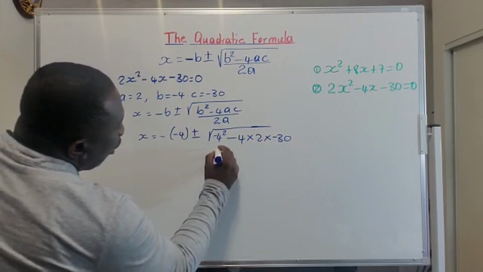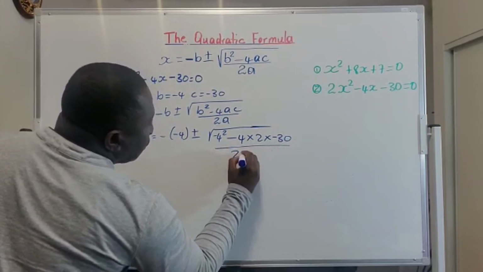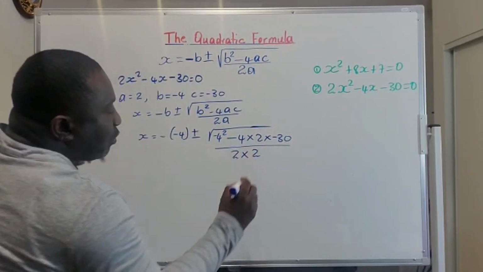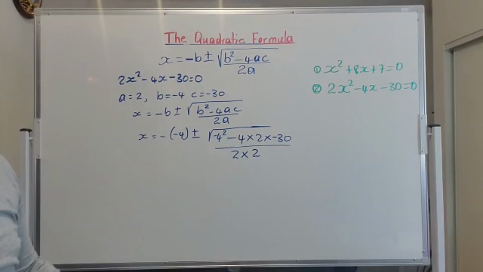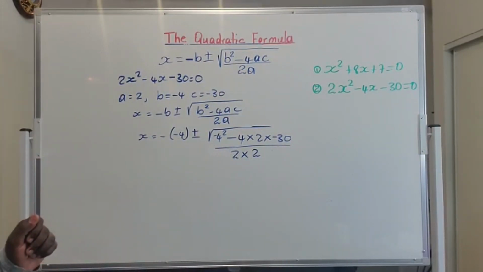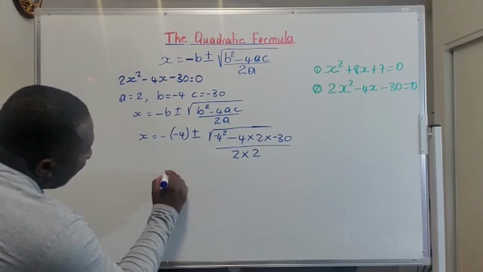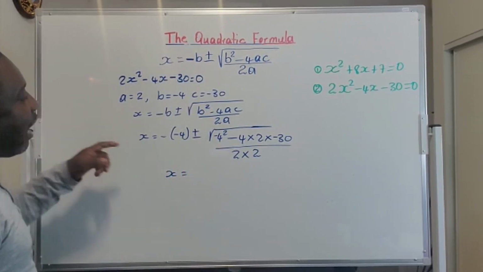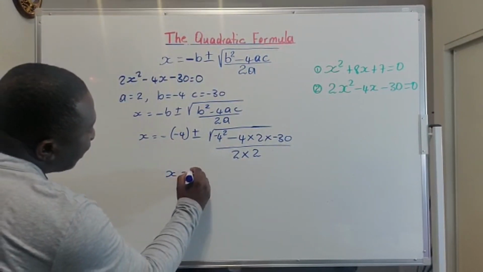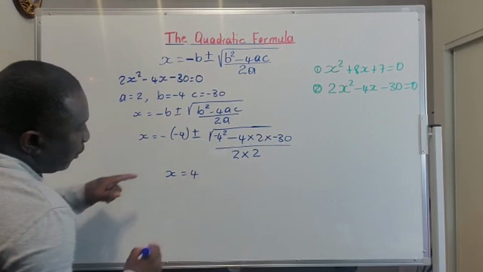Hence, all over 2 times, what's the value of a, guys? Value of a is 2. So we are substituting in the formula as indicated before. X is equal, what is going to happen here? These two signs multiply each other, making this a positive 4.